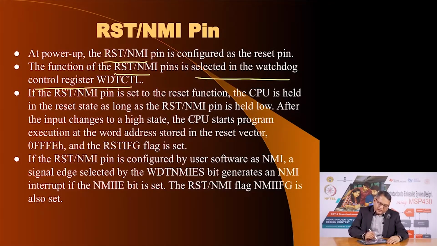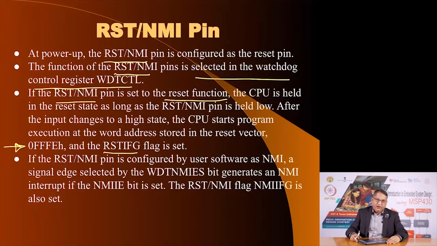If the RST NMI pin is selected as a reset function, the moment you press this switch, that is you hold the logic on this pin to 0, it will reset the processor and keep it in reset state as long as you hold this pin 0, and when you release it, it will let the microcontroller execute the program, for which it will go to the reset vector. As we have discussed, the reset vector is at this address, and from this address it will find the address of the first instruction in the flash program memory and execute it. It will also set this RST IFG flag, so that you know the source of that reset.